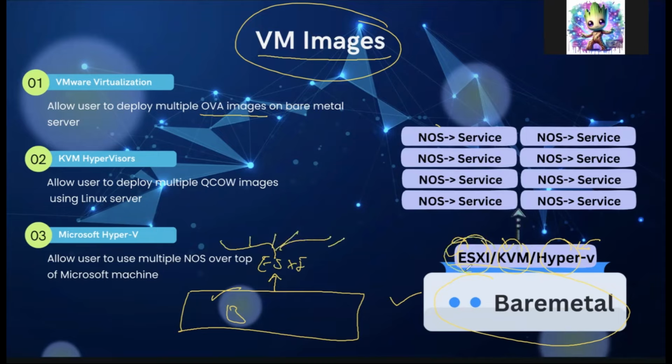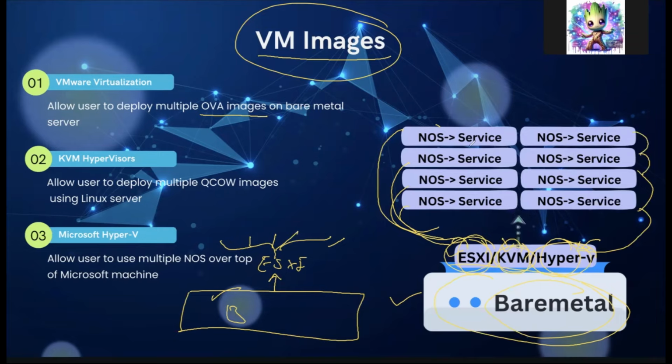So we can have ESXi, KVM, or Microsoft Hyper-V on top of a single bare metal, and on top of that we can have multiple nodes running. And inside those nodes, we can enable the services.